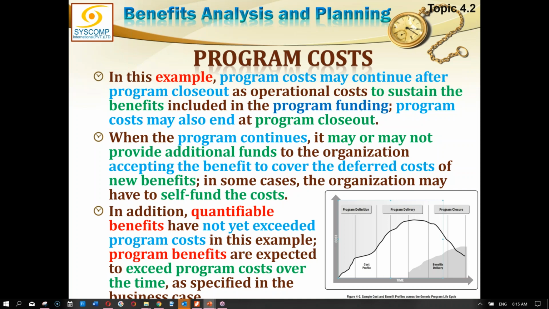In this example, program benefits are expected to exceed program cost over the time as specified in the business case, because if benefits do not exceed the cost, then this is not a feasible case. The business case is not justified. But if there was a business case, it must have specified how much benefit is expected from this program, and that benefit will be achieved even after the program has ended.